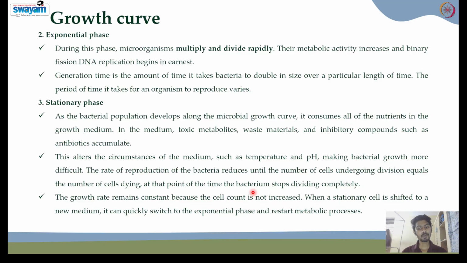So the rate of reproduction of the bacteria reduces until the number of cells undergoing division equals the number of cells dying. At this point, the bacteria stop growing or dividing and become stagnant, and we call it the stationary phase.